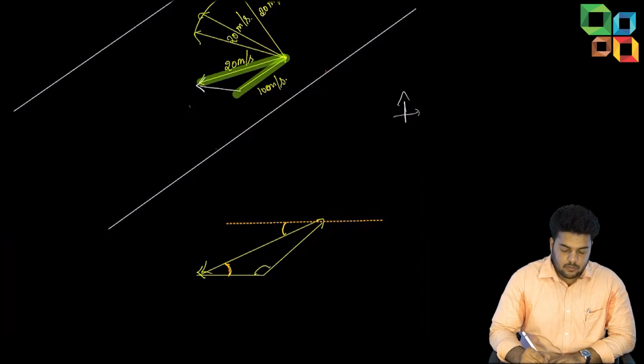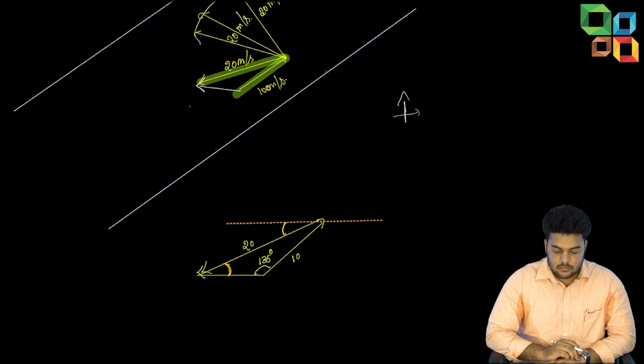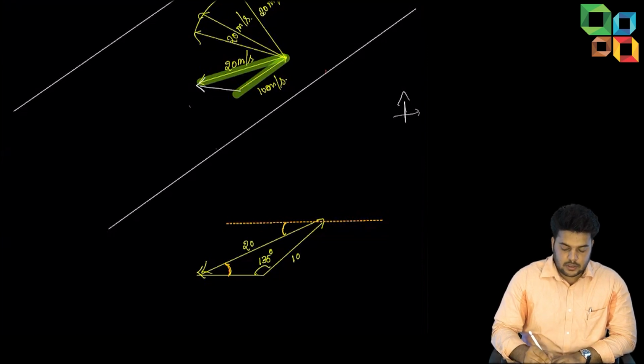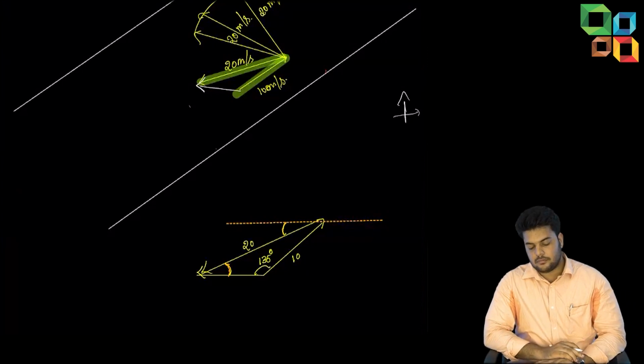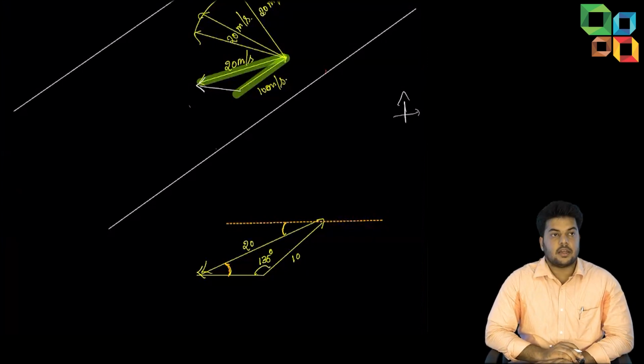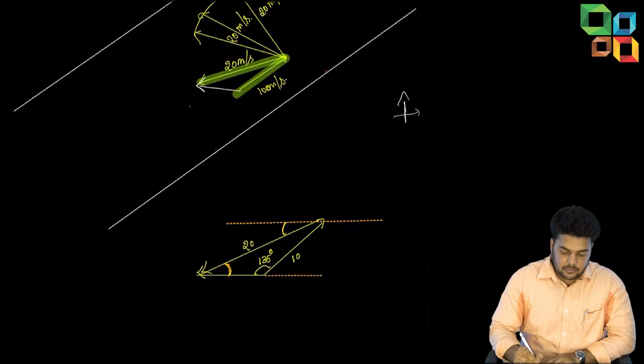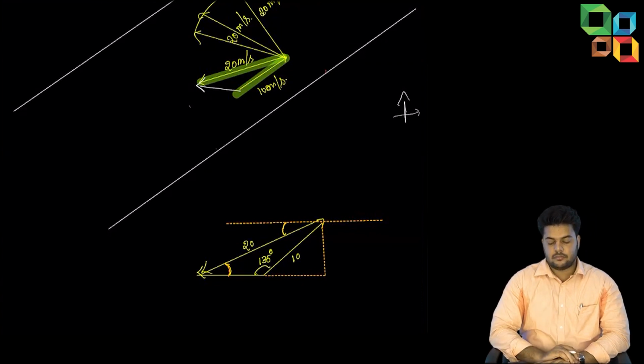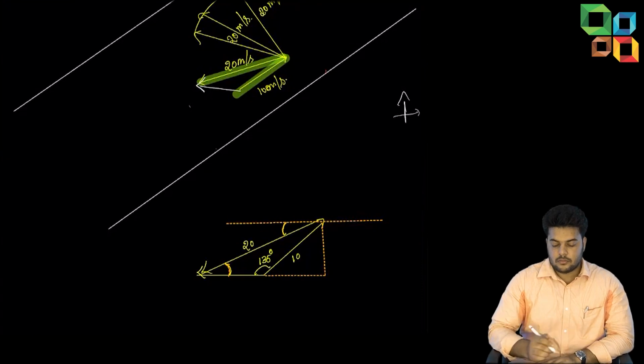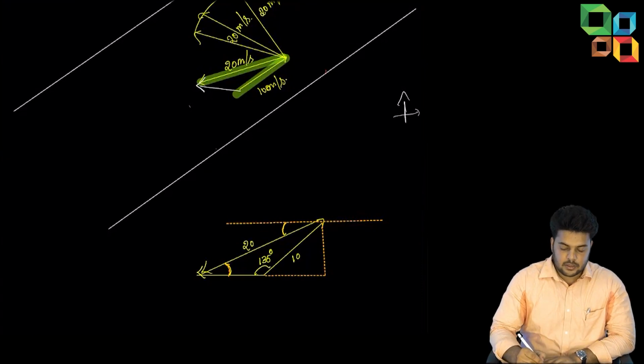What else can we figure out? This angle we have figured out, right? 135 degrees. So this is 10 and this is 20. How do I figure out this side? Just complete the right angle triangle here. So this angle is 45 degrees.